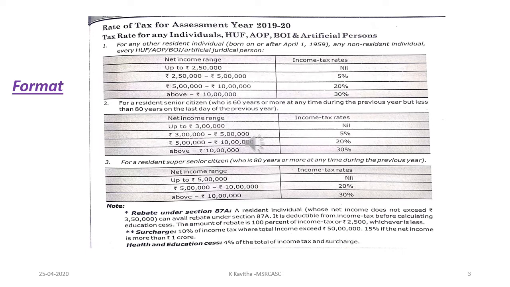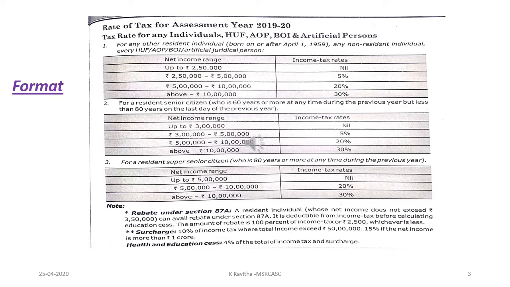I was mentioning the 87A rebate. Any resident individual whose income is up to 3,50,000 per annum can avail this rebate. It is a deduction from the income tax before calculating the education cess, higher education cess, and the amount of rebate is 100% of the income tax that we have to pay, or rupees 2,500, whichever is less.